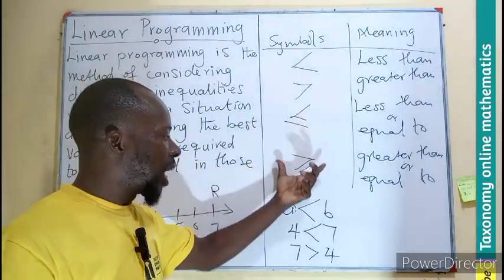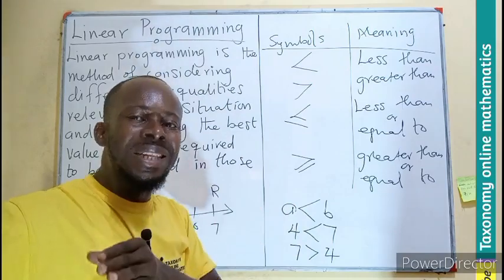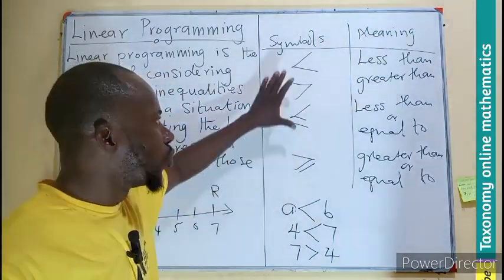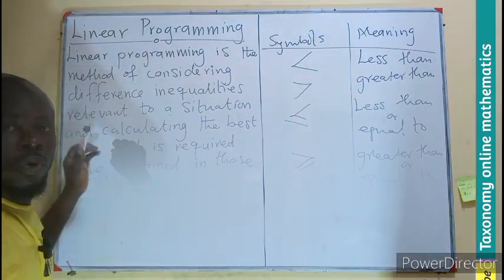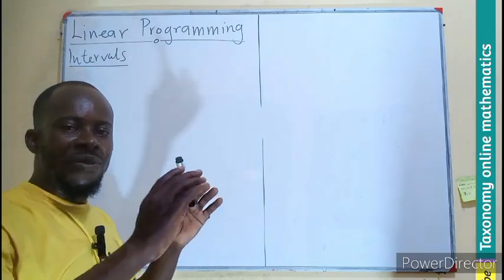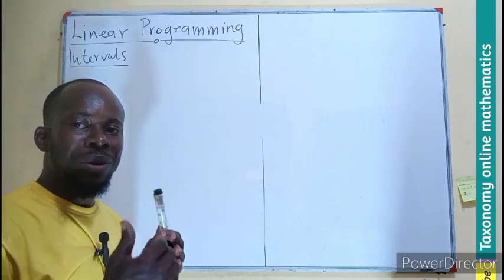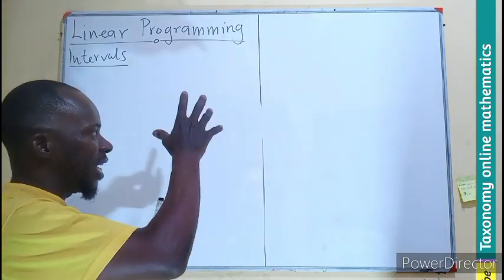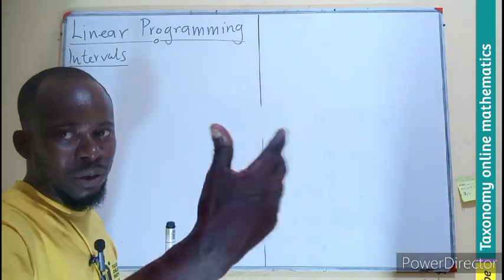Now, if we are describing inequalities, we can also have them in terms of intervals. So how do we put these in intervals? Let's see how we can do that. Talking of intervals, all the values we are going to get in terms of calculation are going to be real numbers. So all the intervals are going to be subsets of the set of real numbers.